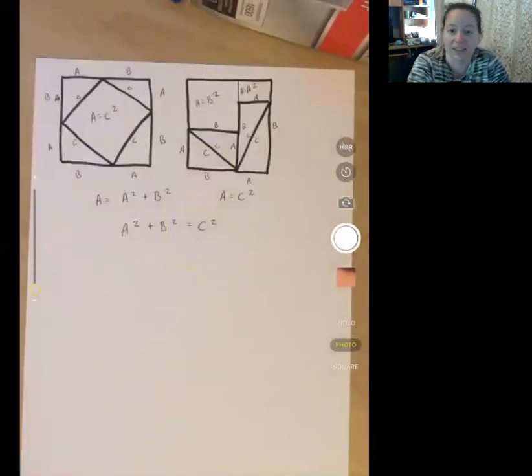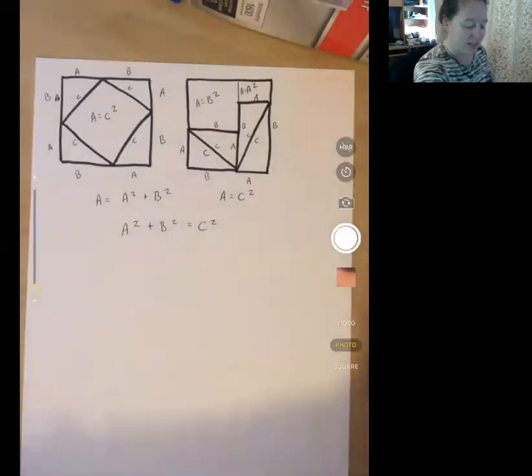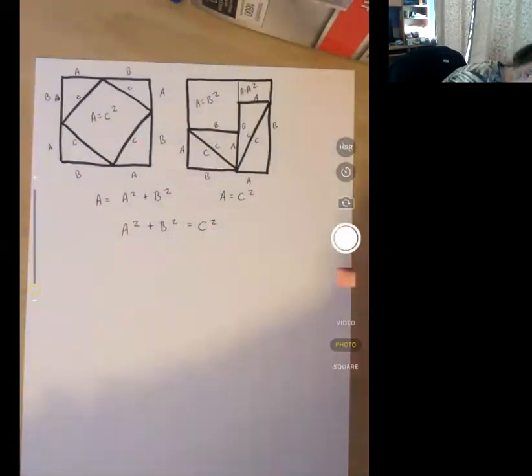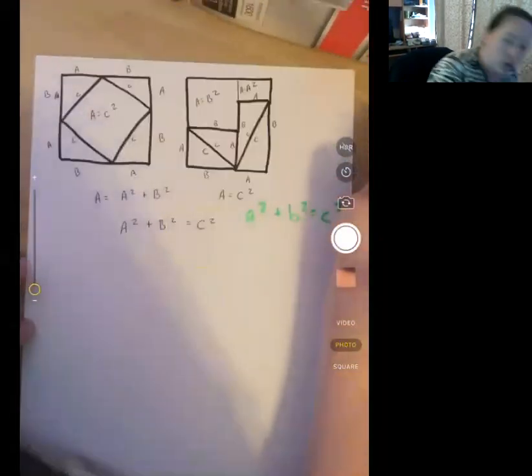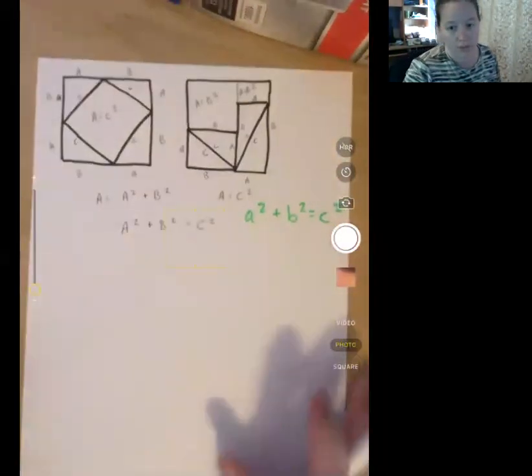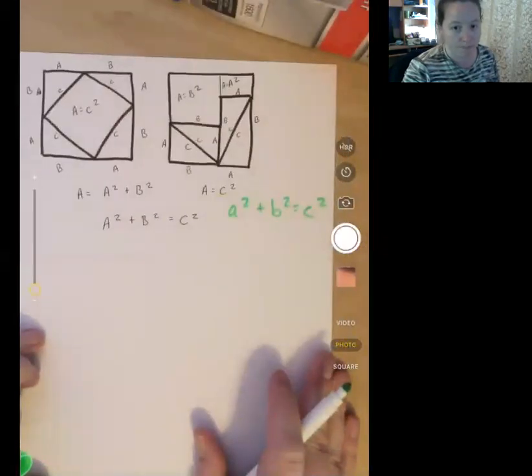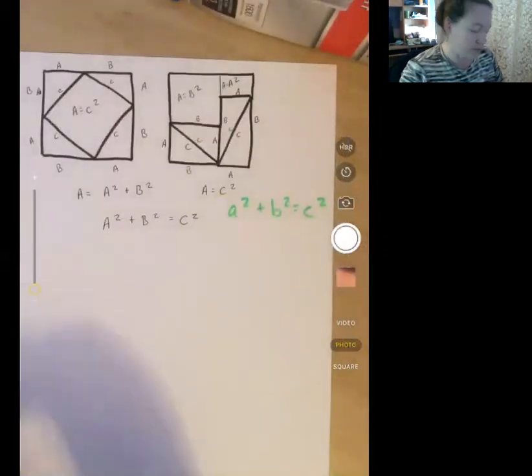Although I did those all with capital letters and I was supposed to do those with lowercase letters to give us our a squared plus b squared is equal to c squared. Okay, so that's what we were supposed to end up with.